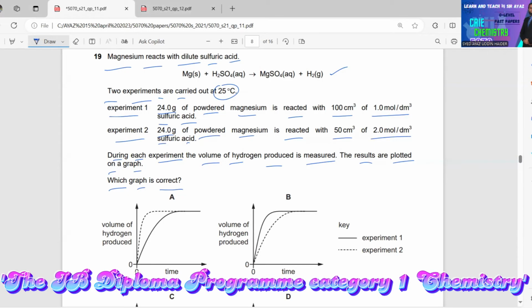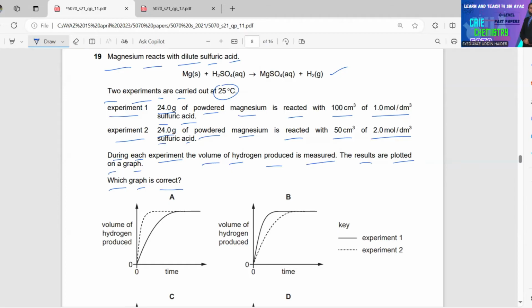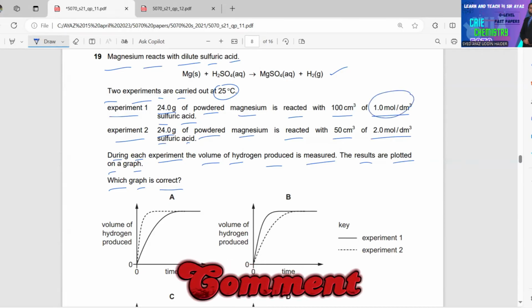So definitely it has no effect on the results obtained. What about the sulfuric acid? Now there's a change in concentration of sulfuric acid. In fact, there's a change in the number of reacting moles of sulfuric acid. Now we have high volume of sulfuric acid in experiment 1, but the concentration is 1 mole per dm cube.